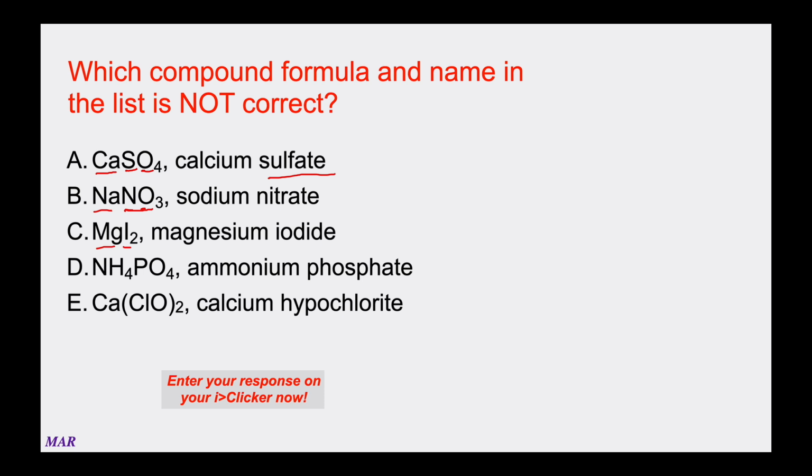Now, on D, let's count the atoms. Nitrogen, hydrogen, phosphorus, oxygen. 4 types of atoms. You could, and you do, have 2 polyatomic ions here. Ammonium and phosphate. And the NH4 is the ammonium, and the phosphate is PO4.